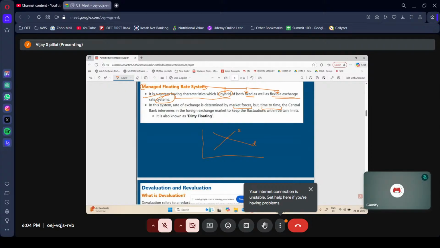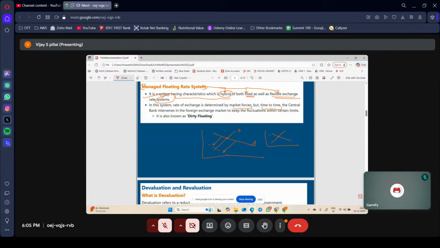Suppose the demand goes down and there are great fluctuations. What will the central bank do? They will watch and let the market forces play out.